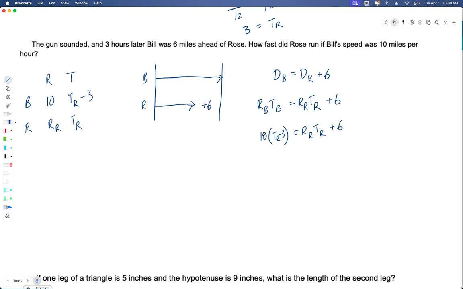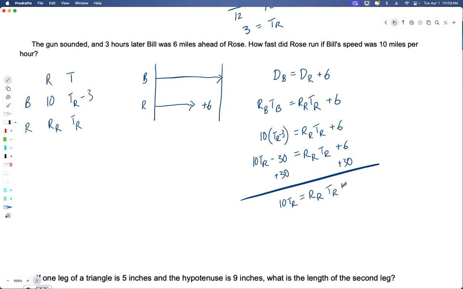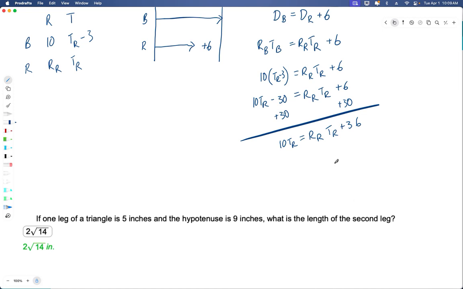So let's multiply. 10 times, that's 10 TR minus 30 equals RR TR plus 6. I'm going to add 30 to both sides. And that gives me 10 times TR is equal to RR TR plus 36. All right, so this is where it gets a little bit confusing.